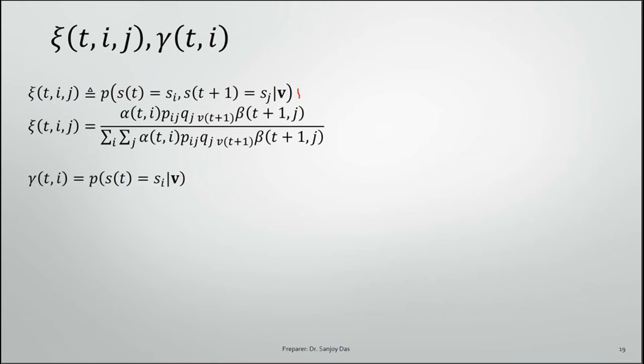Gamma Ti is defined as the probability of this current state being Si, St equals Si, given V. And that can be obtained readily from the zeta Tijs. There is another way to obtain gamma Ti also, and you can refer back to the slide on the alpha beta algorithm.